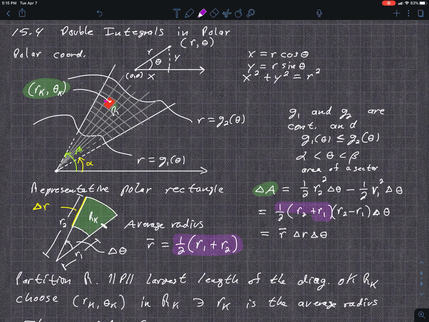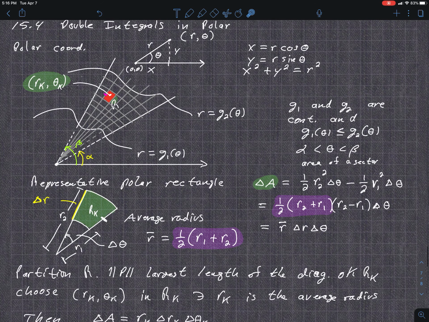What you get is the average radius, so we're going to convert that into just r bar. Remember, when you pick an arbitrary value in the interval, it could be anywhere, this endpoint or here. What we're going to do is pick it to be the average radius. The argument goes in the definition, since it's arbitrary, you can pick a particular one if you want, and when you take the limit, everything works fine. That's essentially what we're doing here.